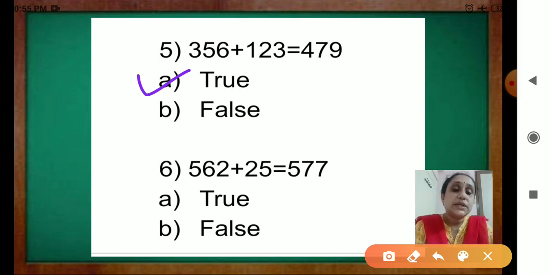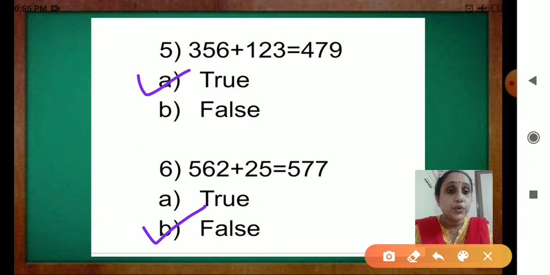And the last one, 562 plus 25 equal to 577. See, check what answer you are getting. The answer is false.